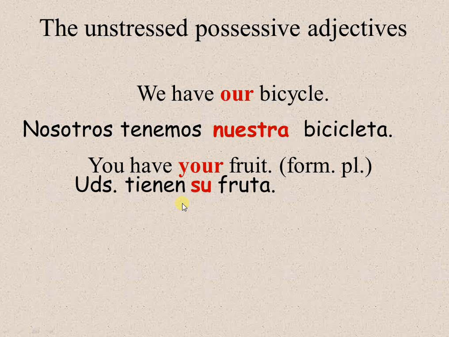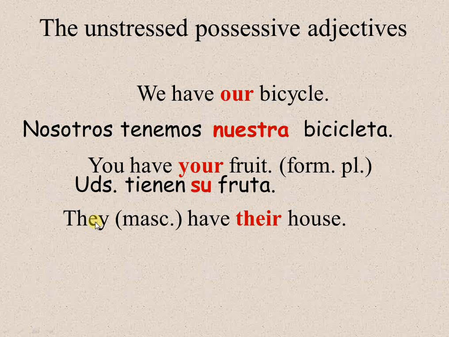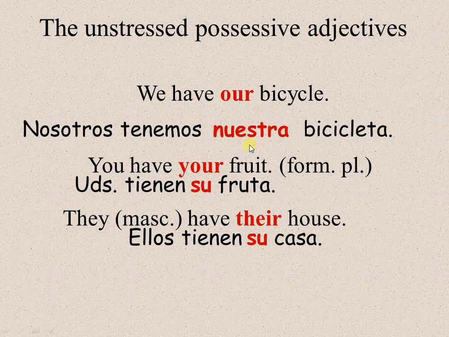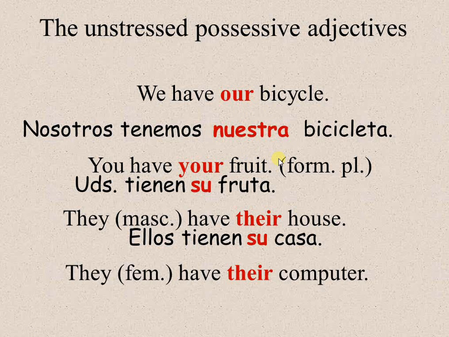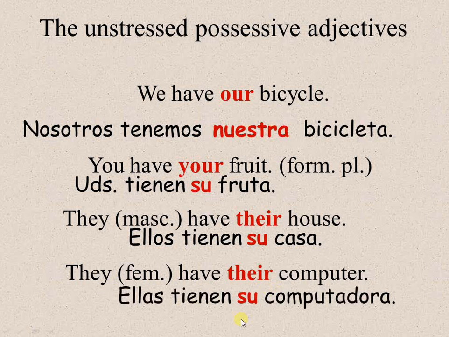Don't need to worry about it. They have their house. Ellos tienen su casa. So the only one that you need to worry about is when you say our: nuestra, nuestro, nuestras, nuestros. Those ones you need to worry about. They have their computer. Ellas tienen su computadora.